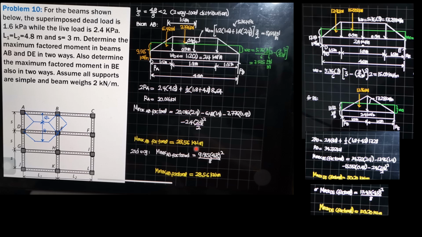Then for BE, this is the figure. The loading is just trapezoidal, but the formula for short beam, short span is PS over 3. But we use the original loading first. This is equal to PUS.